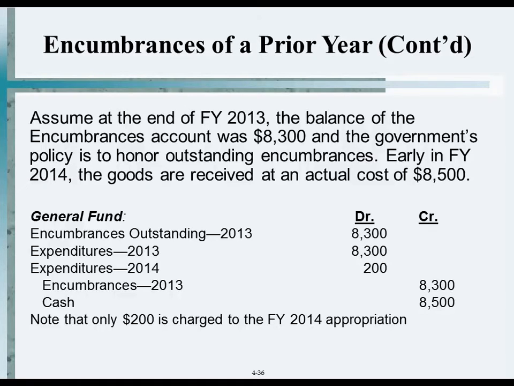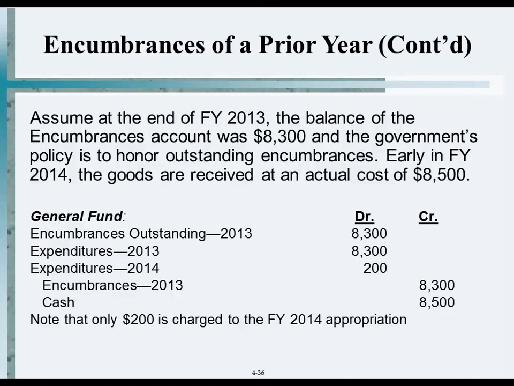And what do you have? 8,300 and 8,300, right? Because you received the item, right? But you paid what? 8,500. 8,300 belonged to 2013, and the additional 200 goes to 2014.